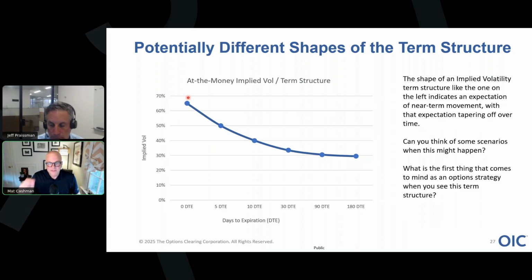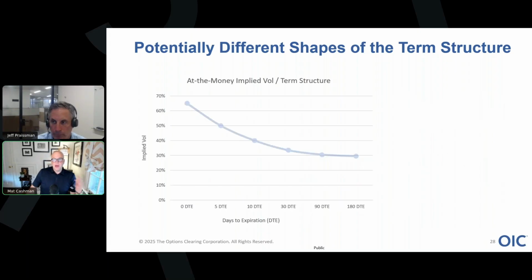It can also be a very specific, acute thing wherein this stock might be announcing earnings in the next 10 days. And so these options up here have more implied vol built into them than these options back here. That's a possibility as well. I want you to think about other ways that the term structure might be structured and priced.